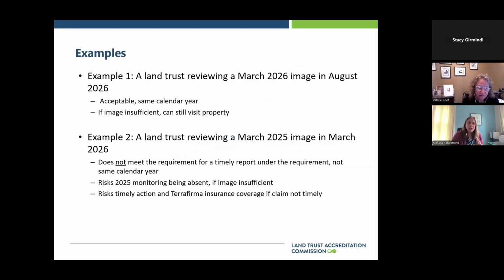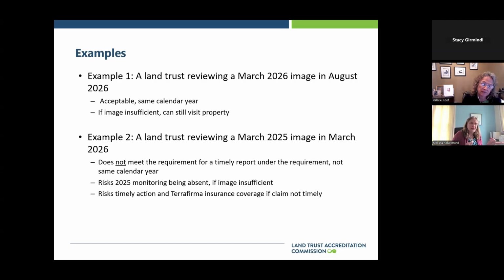So just a couple quick examples, because I think this is one of those places where a few examples are helpful. Let's say a land trust has an image from March of 2026, and you look at it in August of 2026. It's acceptable, right? That's the same calendar year. If you find out the image is not sufficient or somehow it was missed, you can still go out and inspect that property in that 2026 timeframe.